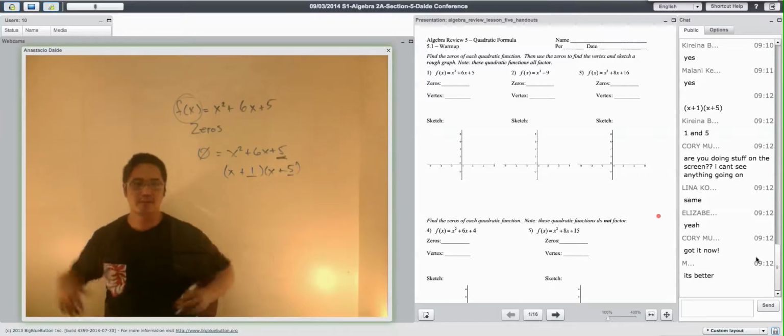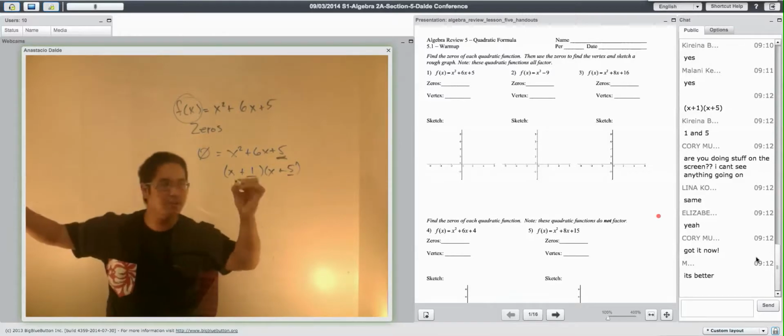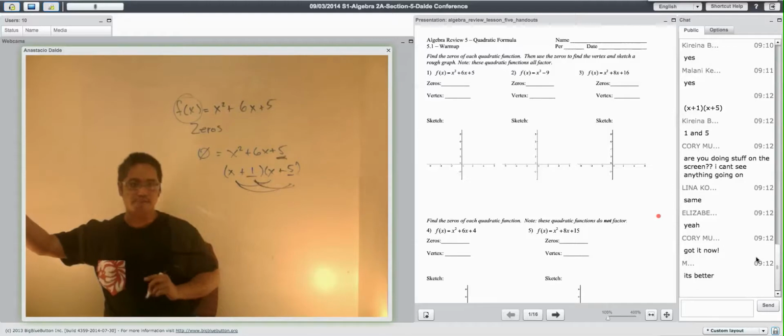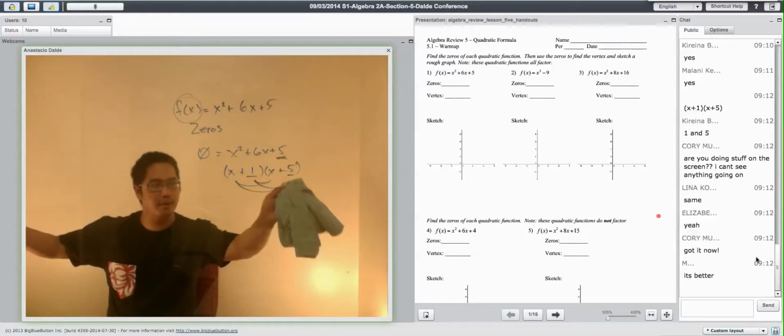Awesome. So now what I'm saying here is when you multiply these out, when you FOIL this out, first times the outer times the inner times the last, why don't you guys try that at home, and while you're trying it at home, I'll do it over here.